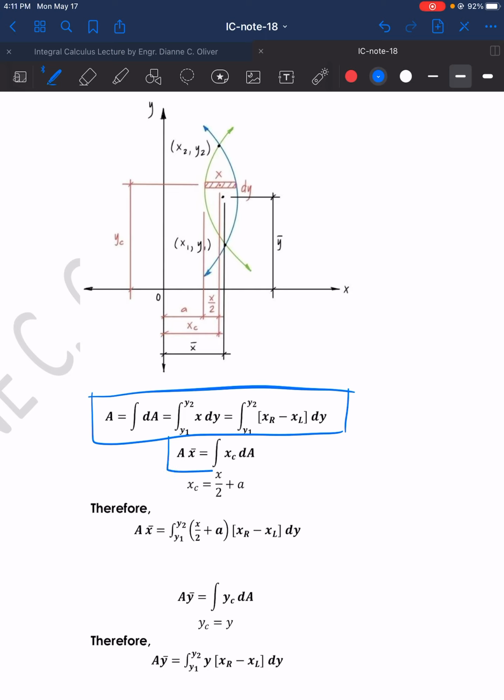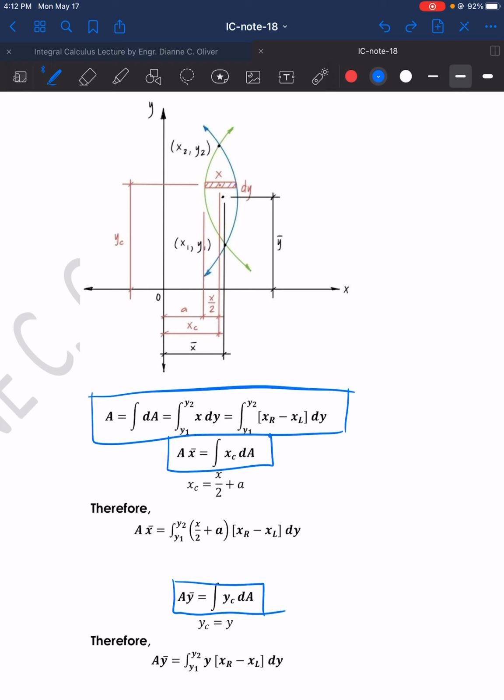Again, we have the general formulas for x bar and y bar. If we look at the xc from this figure, the xc, or the distance of the center of the area strip from the point of origin along the x-axis, is x over 2 plus the distance a.